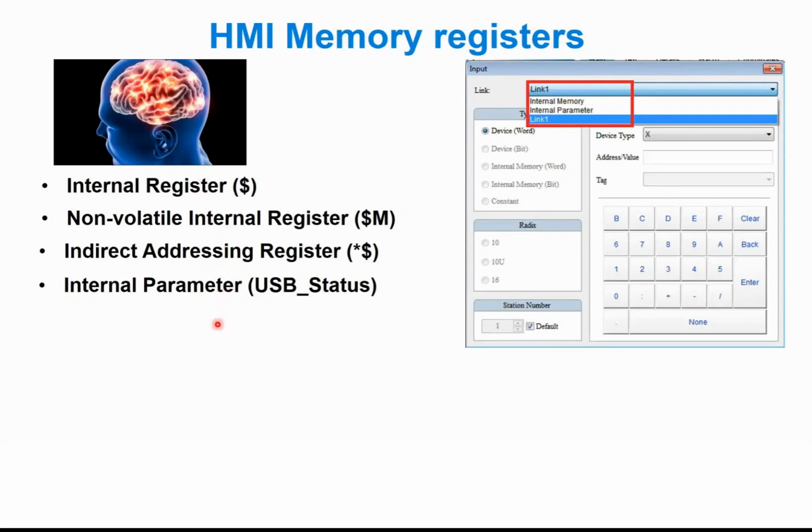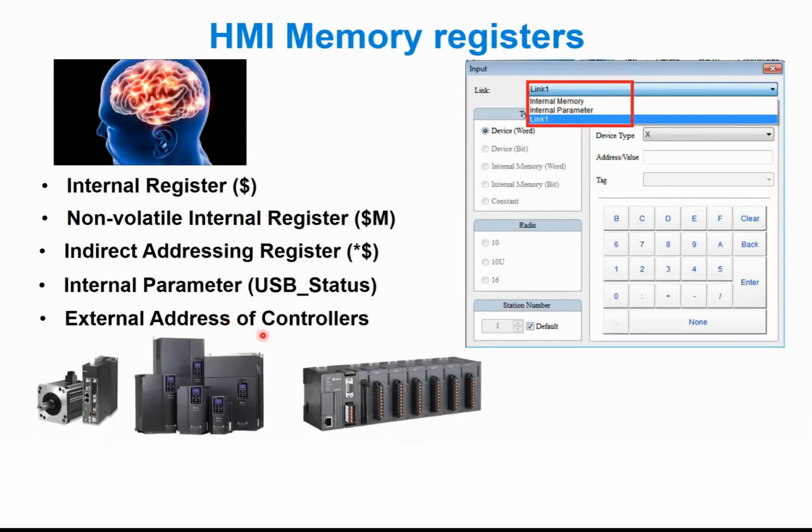And then why is this also easy for HMI to control other devices? Because other devices in industrial automation are address-based. So the HMI can control external addresses of a controller. So like this PLC, we have addresses for this PLC. You can see these are extension modules for the PLC.